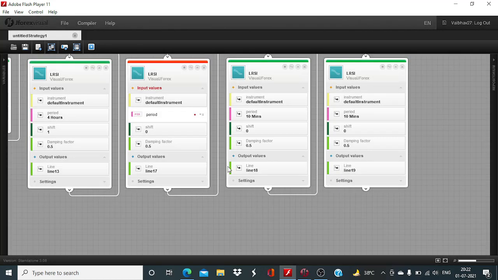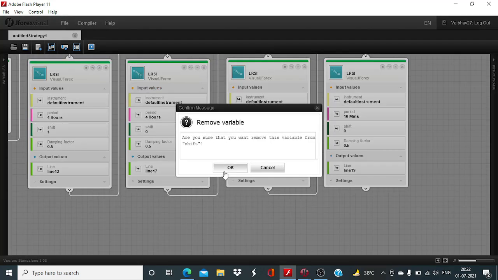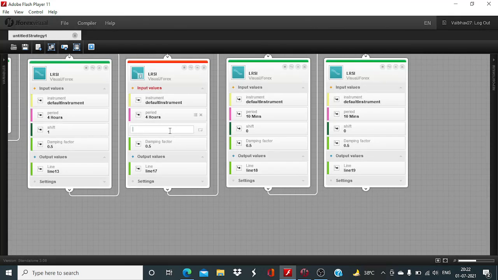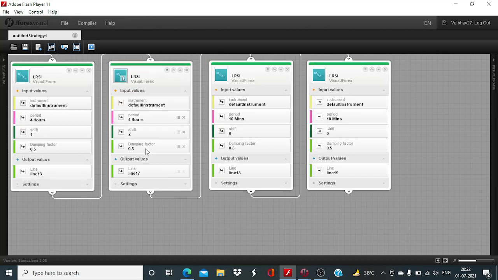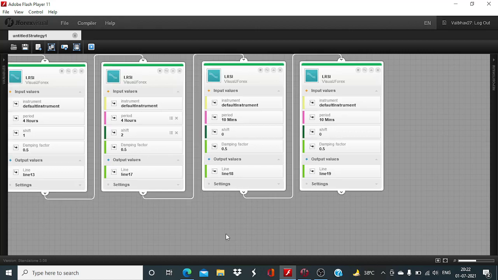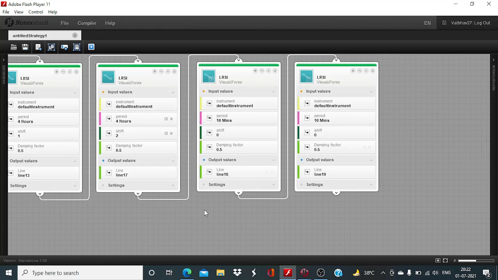This will be changed to 4 hours, and the shift value is going to be 2. We are not changing anything here. Damping factor is going to be the same for all these 4 blocks.